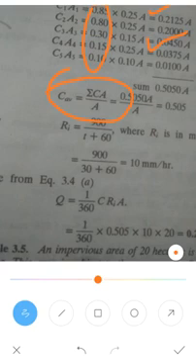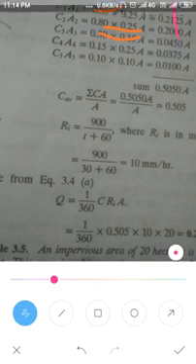Take each respective coefficient and calculate CA. Multiply each one individually, then you will get these answers, and altogether you add them.